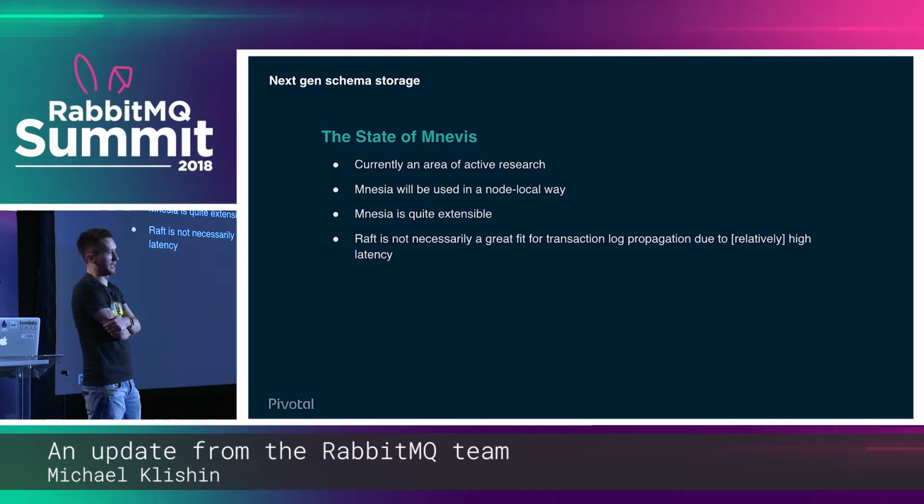But, well, because we have a Raft implementation, that's quite tempting, and that's what we're looking at. But yeah, Raft introduces higher latency, and for this kind of data store, we're not sure if we are willing to accept that trade-off. We will see what comes out of it.